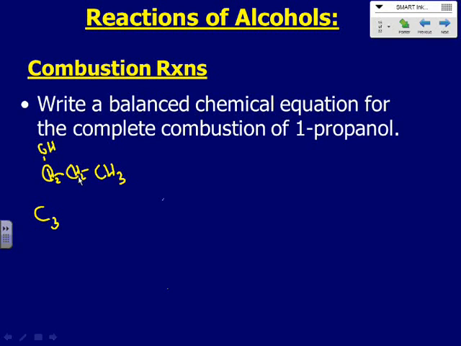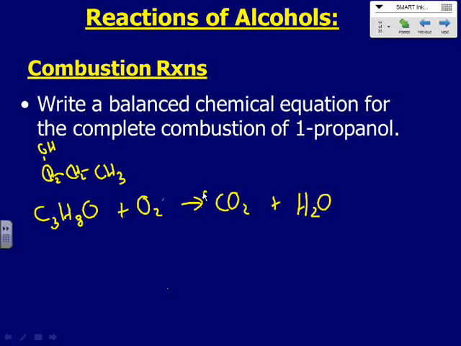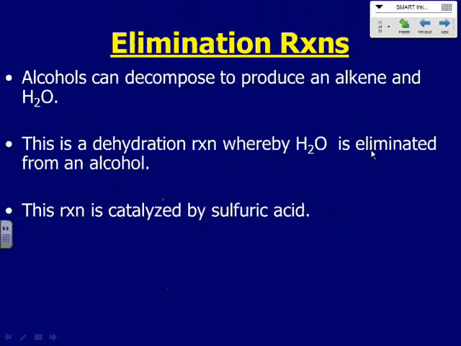C3H8O plus O2 gives CO2 and H2O. 3 carbons, 3 carbon dioxides, 8 hydrogens, 4 waters. 3, 4, 5, 5 O2s. All right, standard balance. So alcohols can burn.